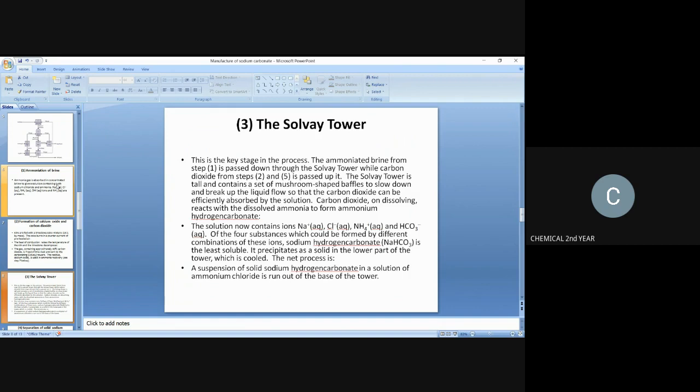The process is NaCl aqueous plus ammonia aqueous plus water liquid plus CO2 gas gives sodium hydrogen carbonate plus ammonium chloride. The suspension of solid sodium hydrogen carbonate in a solution of ammonium chloride is run off at the base of the tower.